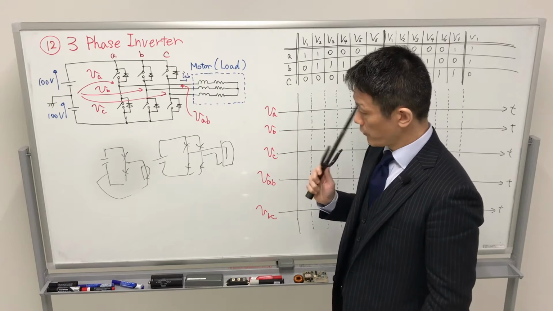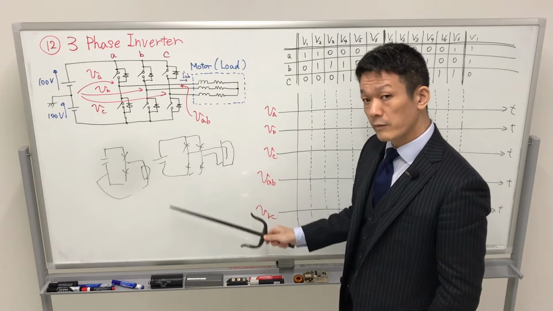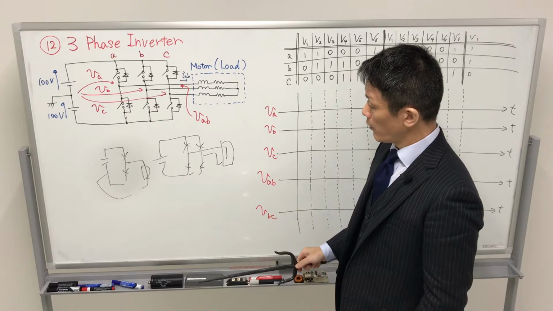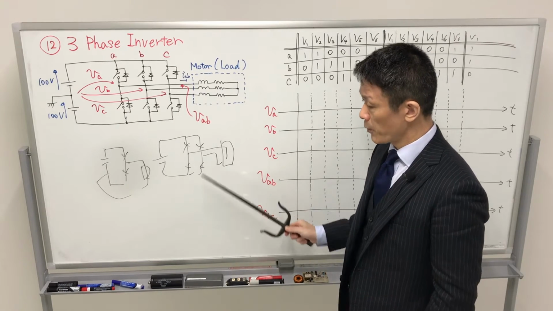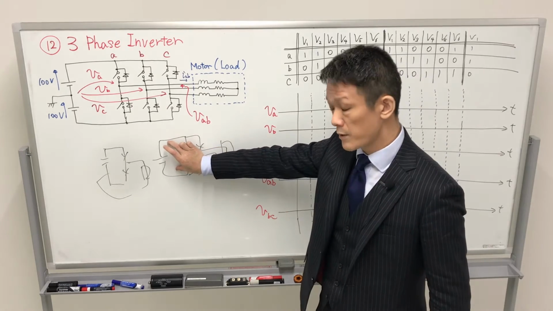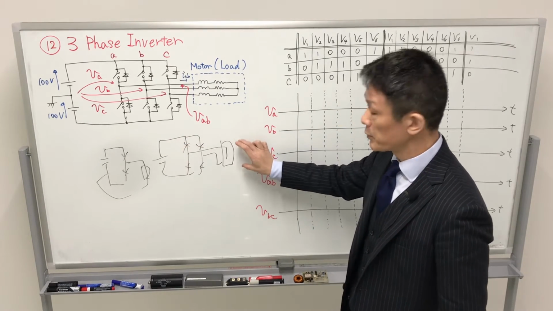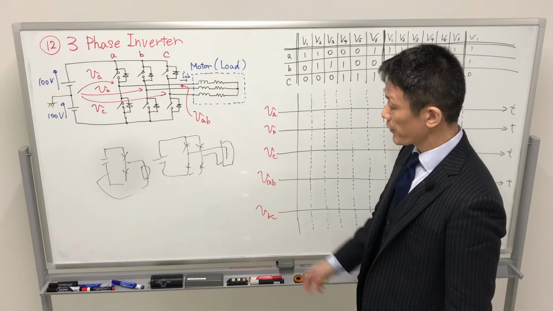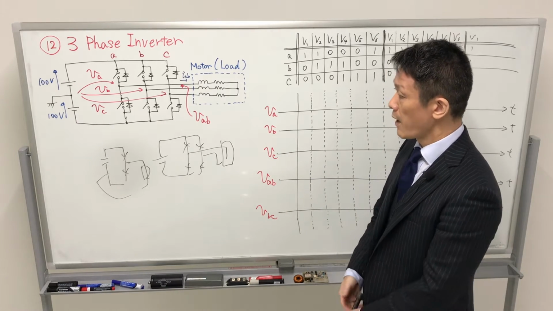It is effectively used for the battery value. We will choose this type of inverter because we can directly use this value for the output voltage, effectively using the battery side.